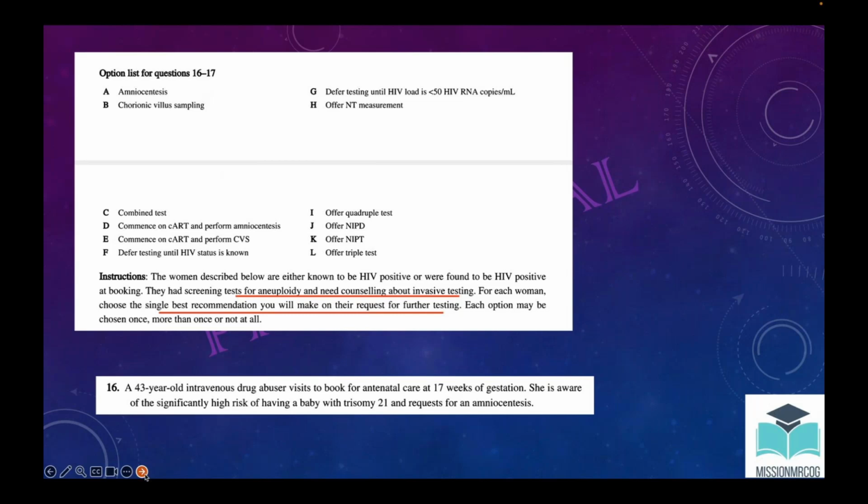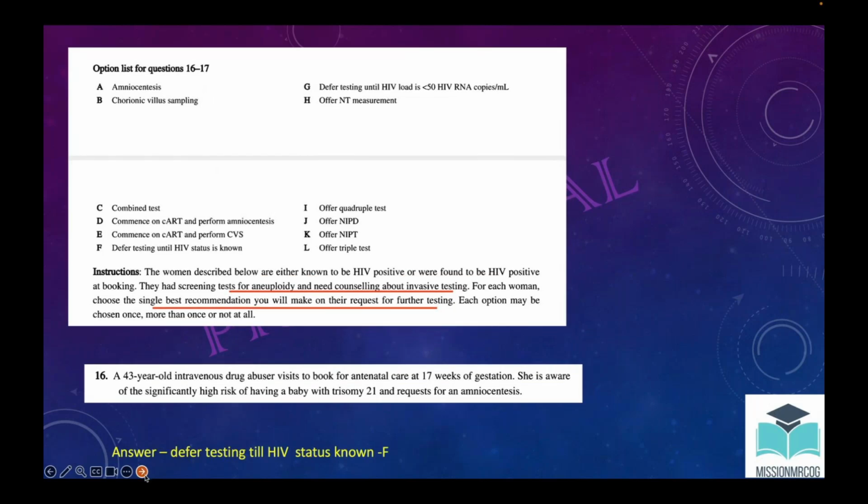We don't know whether she's HIV positive or not. Option F, you can defer the test till you are sure of HIV status because the blood has been sent. No, ma'am. First, it is written: either known to be HIV positive or found to be HIV positive at booking. For each woman, the screening test.